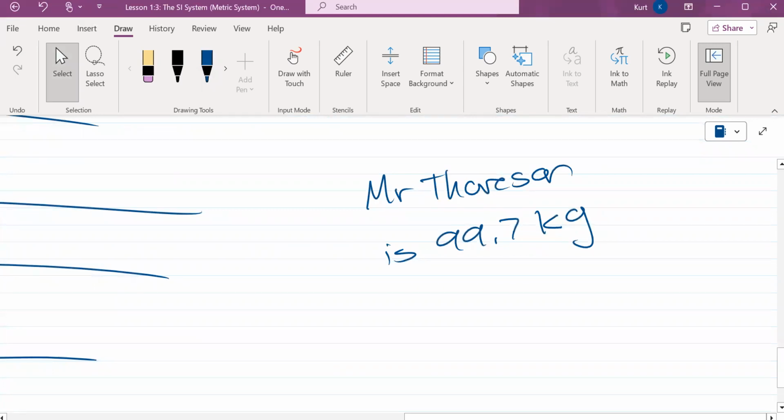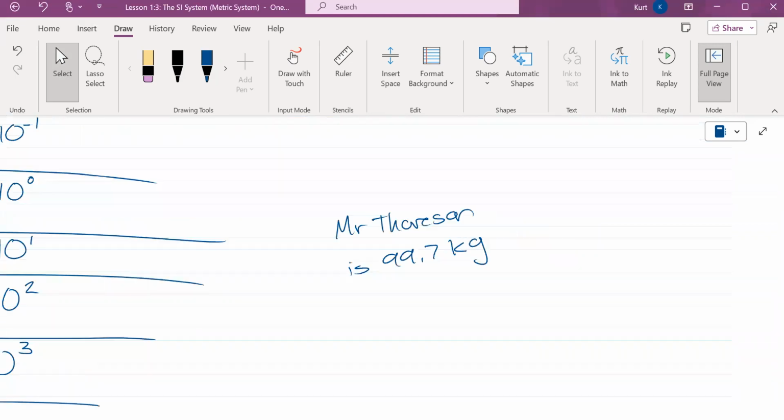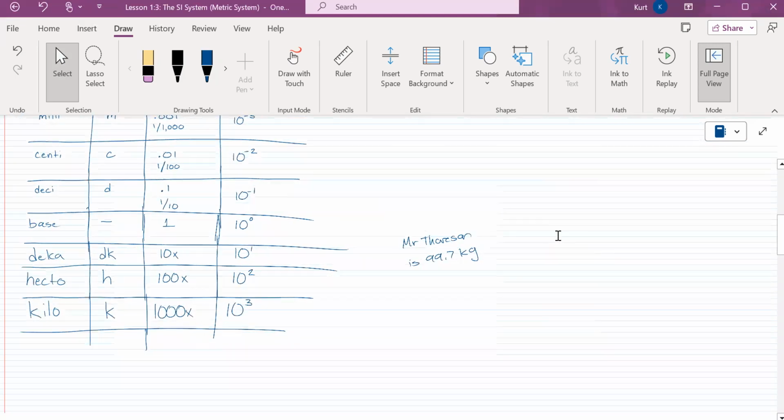So here's the catch. What is bigger, a gram or a kilogram? Go ahead. 99,000. Oh, no, don't answer my question first. What is bigger, a gram or a kilogram? A kilogram is bigger. Guys, a meter, look at me.